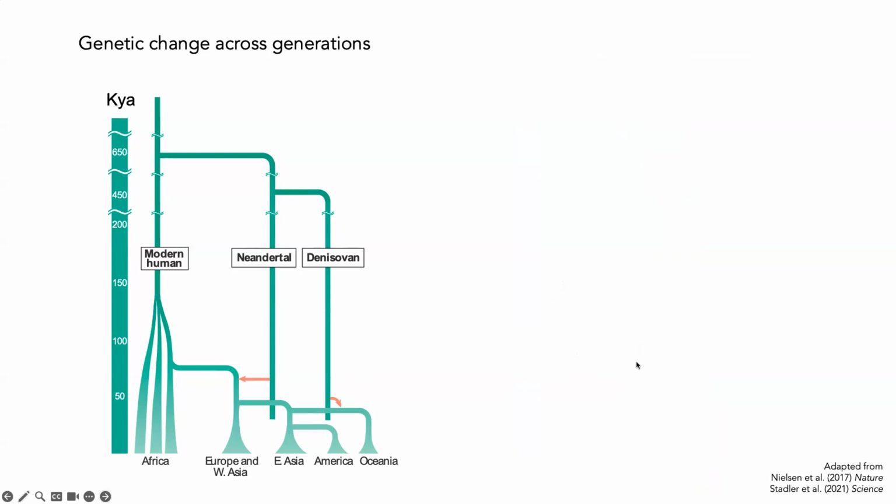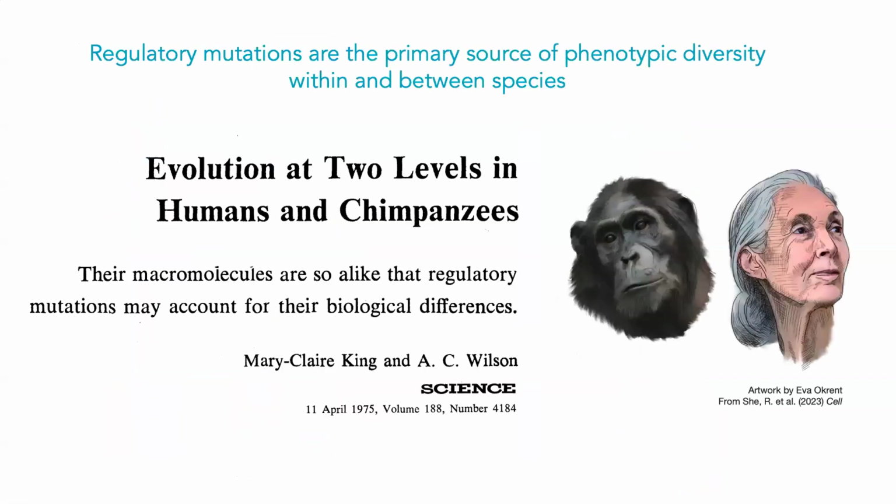So starting with some of our work on the more evolutionary functional genomics side, I'll motivate that by zooming out and mentioning some classic work by King and Wilson in the 70s, contrasting the protein sequences of humans and chimpanzees and finding that they're almost identical.